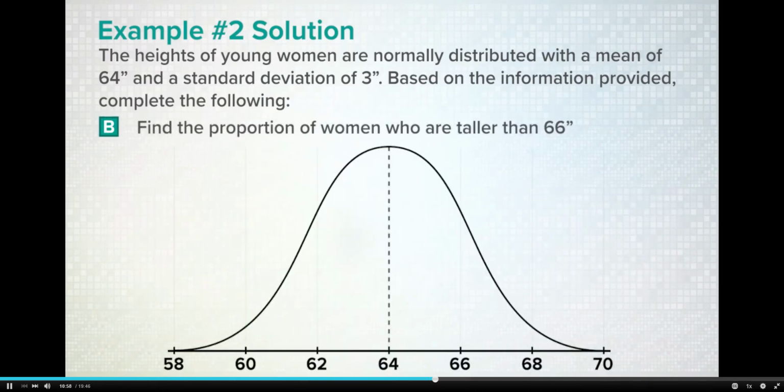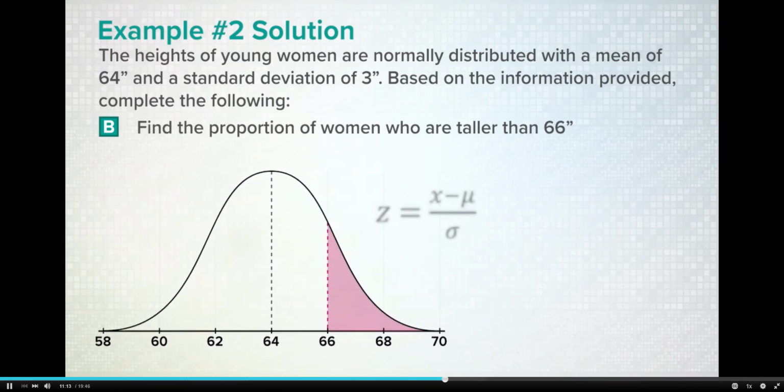For part B, I'll go through the same steps. Find the proportion of women who are taller than 66 inches. Find 66 inches, draw the line, shade above it. That's the area that I'm interested in finding. Z equals x minus the mean over the standard deviation. Substitute the numbers that you know to find the z-score, which in this case is about 0.67.